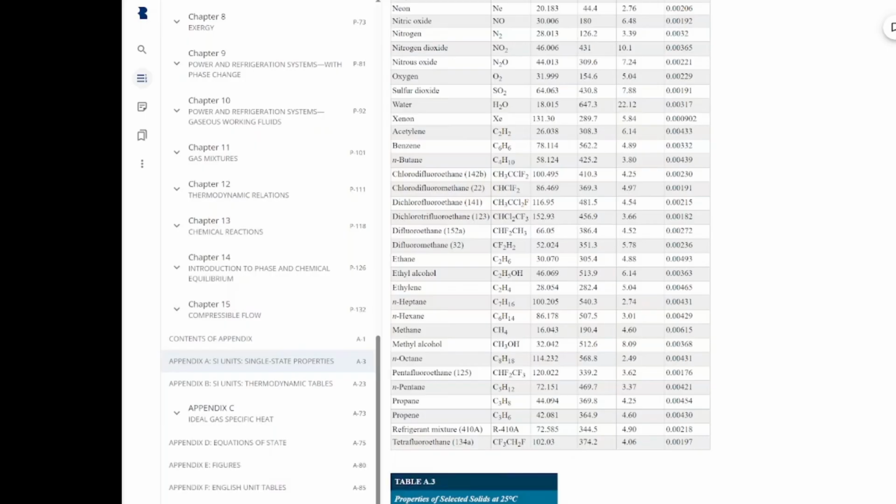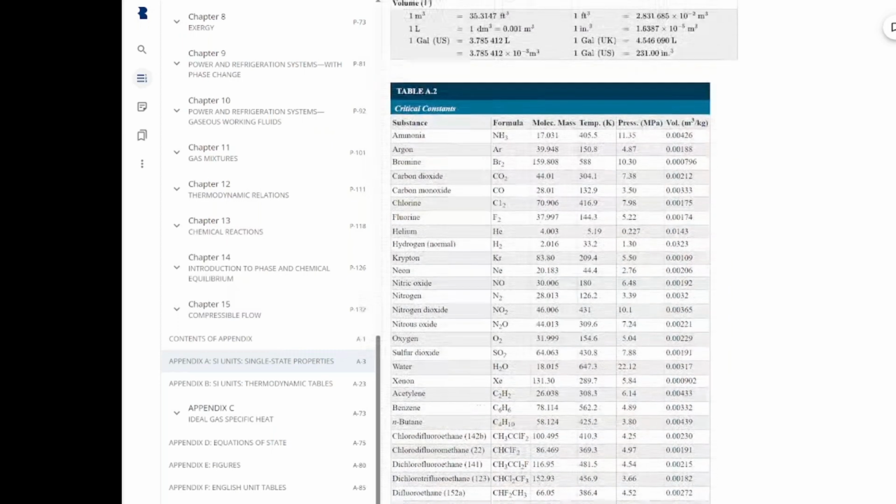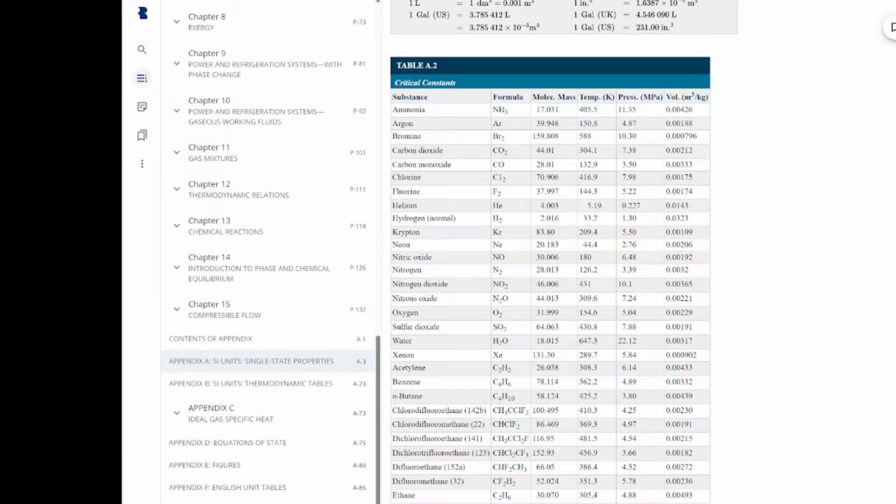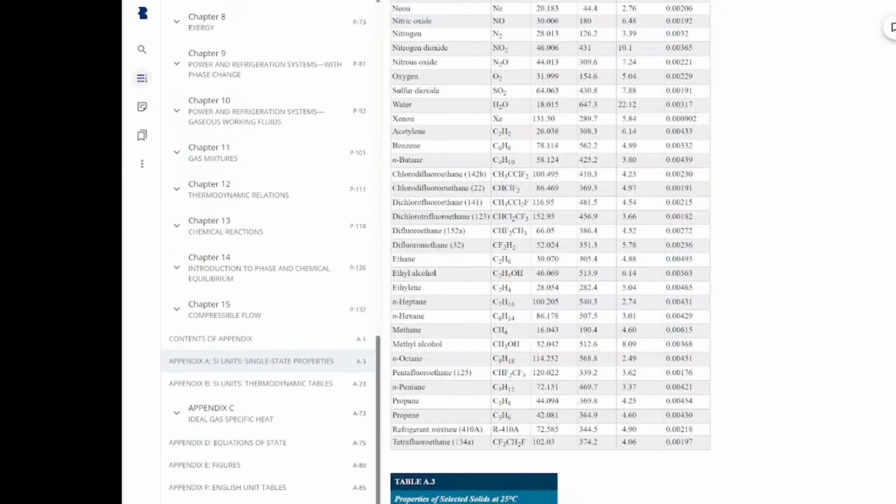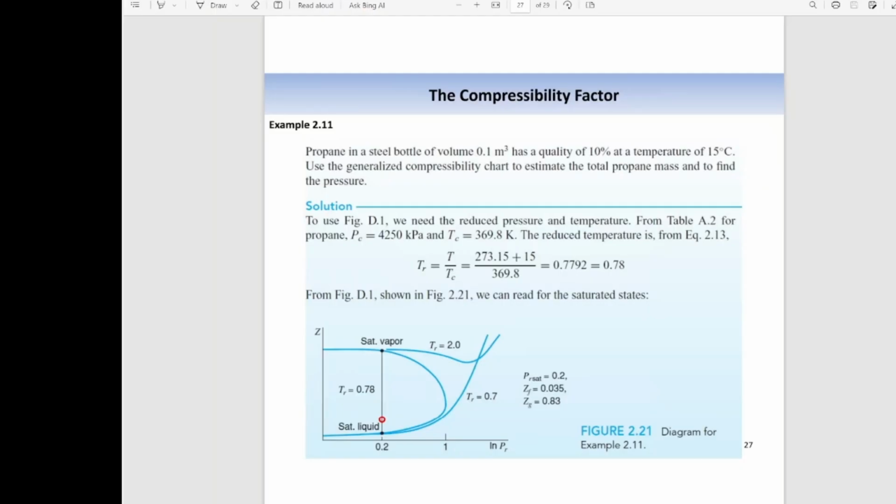Looking at the table for propane, the temperature is in Kelvin, and the pressure is in units of megapascals. So we go down here, and it's 4.25 megapascals, and then 369.8 Kelvin.